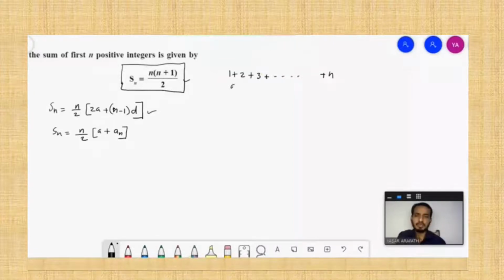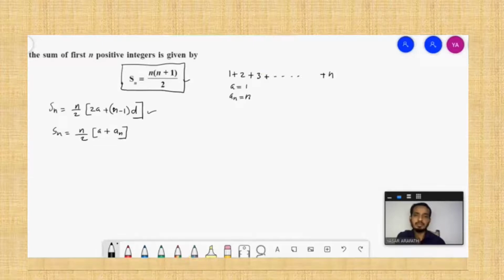And here what is a? a is 1, and what is an here? The nth term is n itself, right? In the sequence of natural numbers or positive integers, an will be n itself. First term is 1, second term is 2, third term is 3, and an will be n itself.